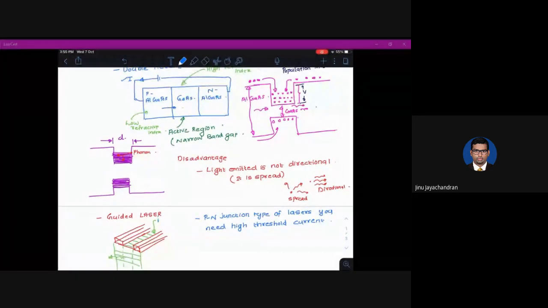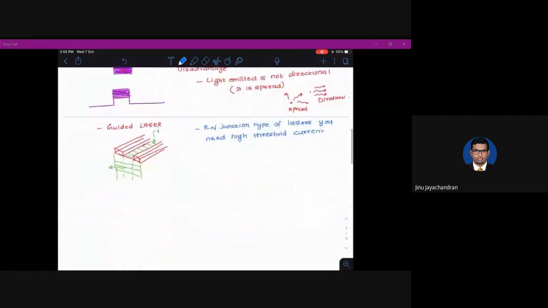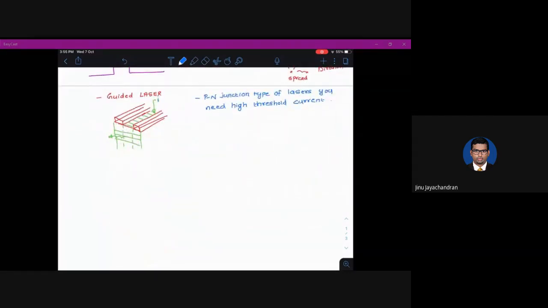So to mitigate these disadvantages, we have something called a quantum well semiconductor laser.